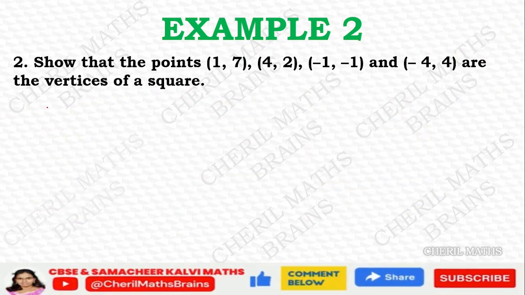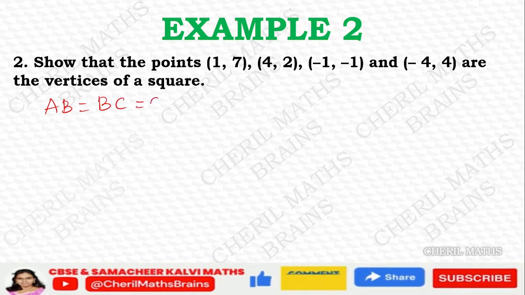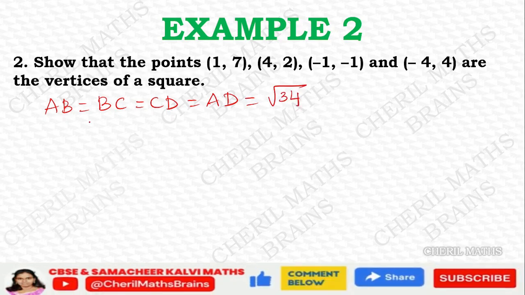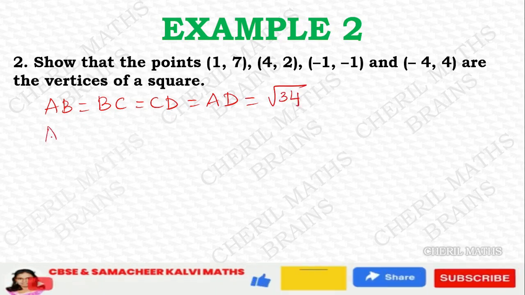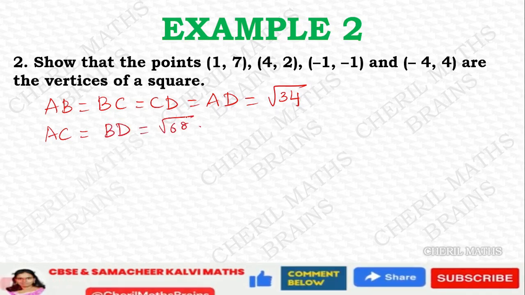So what did we get? We got that AB is equal to BC equal to CD equal to AD is equal to root 34. Likewise, the diagonals AC is equal to BD is equal to root 68.